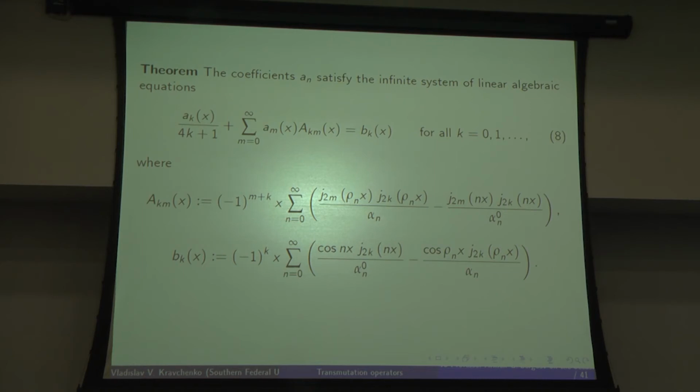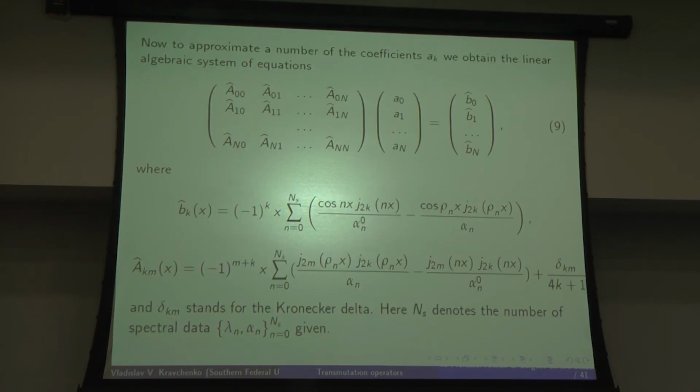So next step, we truncate this series, because we have only a finite number of spectral data, these rho n and alpha n. So we truncate them and solve the system to find our A naught, A0, the very first coefficient.